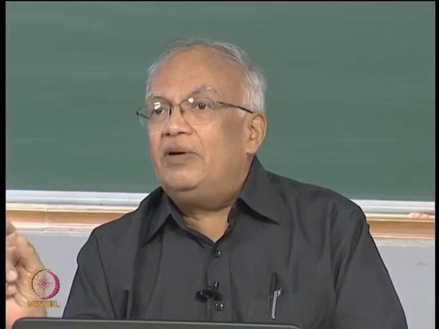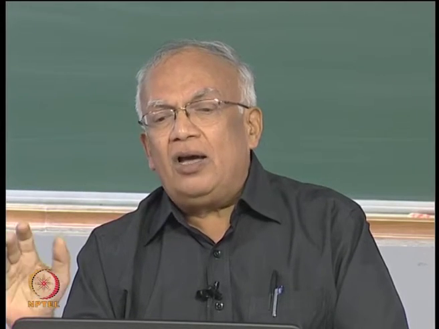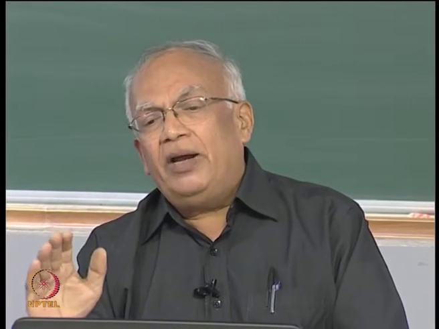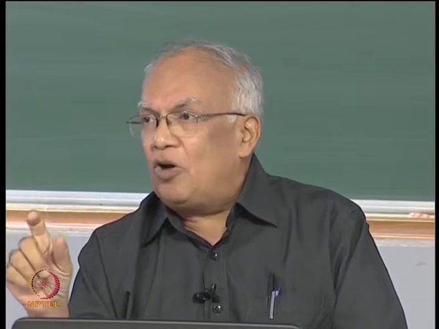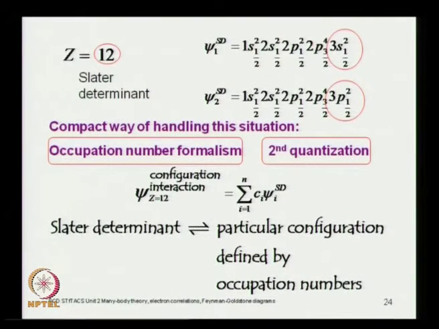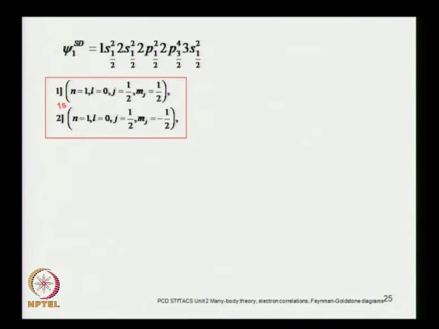So the occupation numbers are different, and you can talk about going from one to the other by destroying 2 electrons in the first and creating 2 electrons in the other. So you can begin to make use of operators which are called creation and destruction operators, or creation and annihilation operators, and the second quantization methods make use of these operators, and that is the formalism that we are going to learn in this unit.